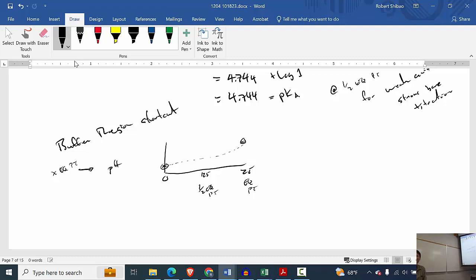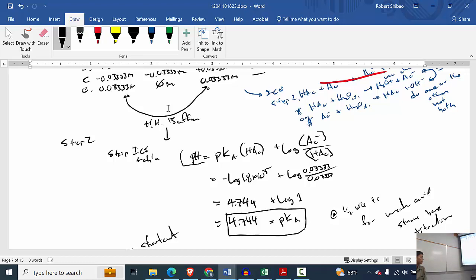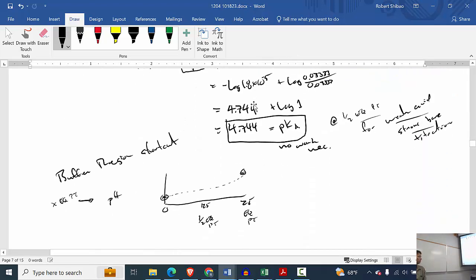This is standard, so you can skip all that. No work is necessary because everybody should know that the pH is equal to pKa at the half equivalence point for weak acid, strong base. If you don't want to do that, you can do the calculation.